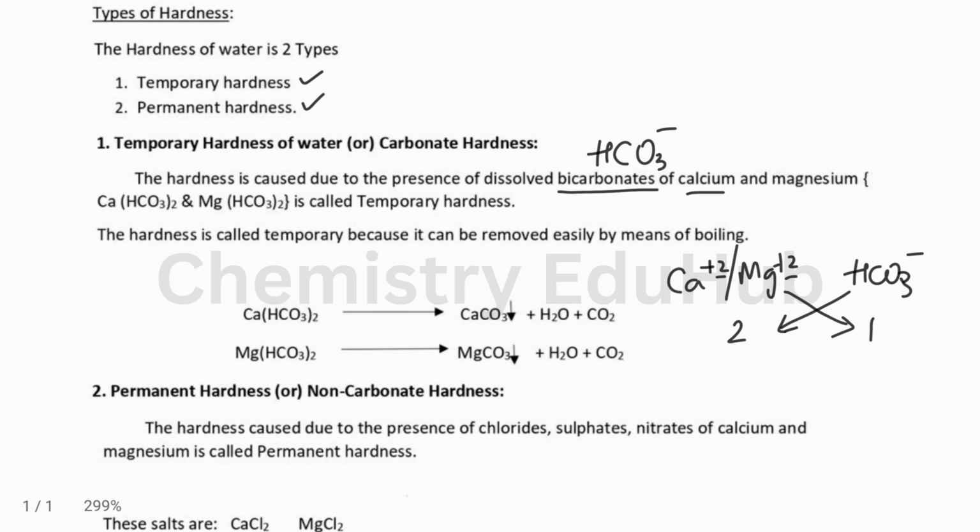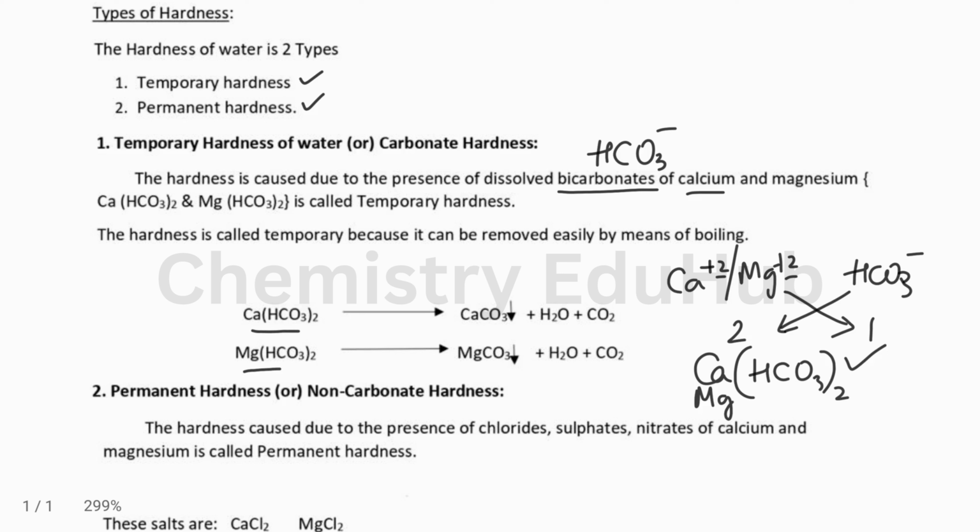That is nothing but the crisscross method. So Ca or Mg, since HCO3 is needed 2 times, we cannot write HCO32. That is not correct. We take HCO3 in brackets twice, giving Ca(HCO3)2 or Mg(HCO3)2. This is the formula for calcium bicarbonate or magnesium bicarbonate, as you can see here.